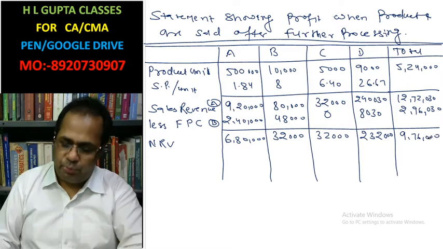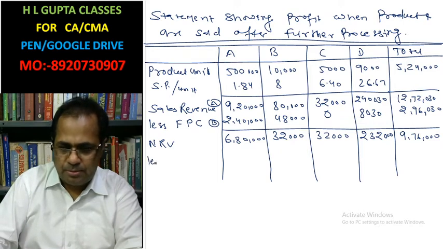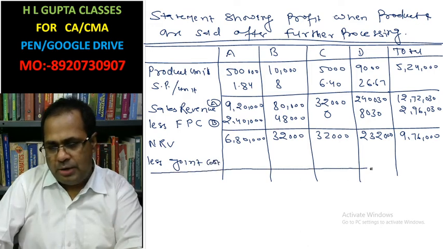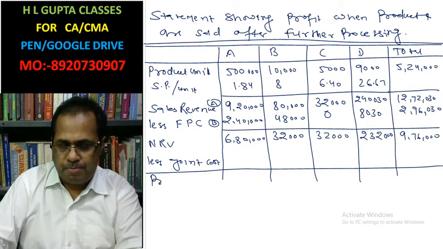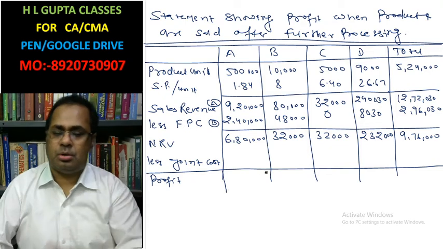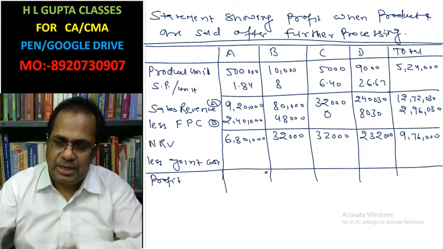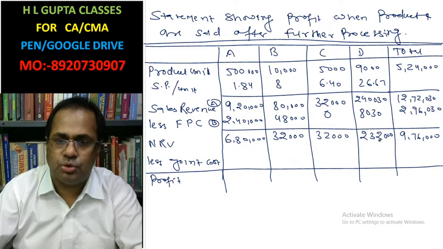After this, you need to subtract the joint cost, and after subtracting joint cost, the profit will come. Now how is joint cost calculated? Joint cost should be calculated on the basis of this ratio.